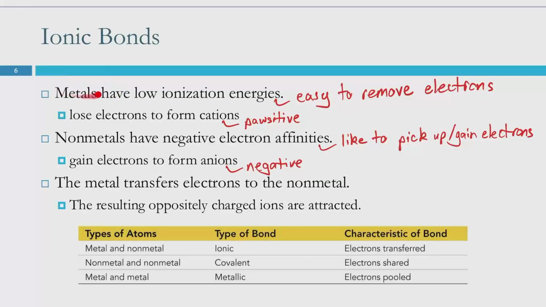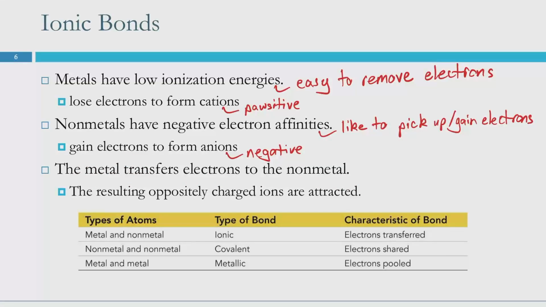So if a metal meets a nonmetal and the mood is right, the metal is going to transfer electrons to the nonmetal. The result is oppositely charged ions. We've got a cation and an anion, and they're attracted to each other because opposites attract.